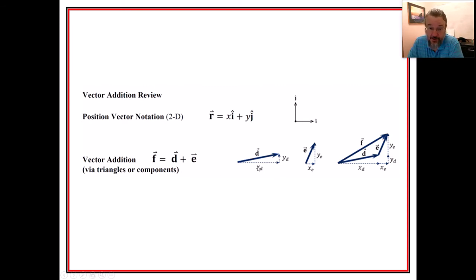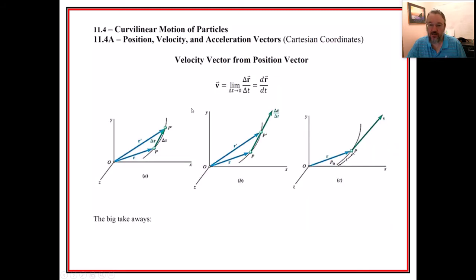In rectangular, we break it down into x and y, and we break both vectors down. We can add the 2 x components together, and we add the 2 y components together, and then we get the new vector. So that makes it nice and simple and easy to do. Okay, so that's just a little bit of a review.